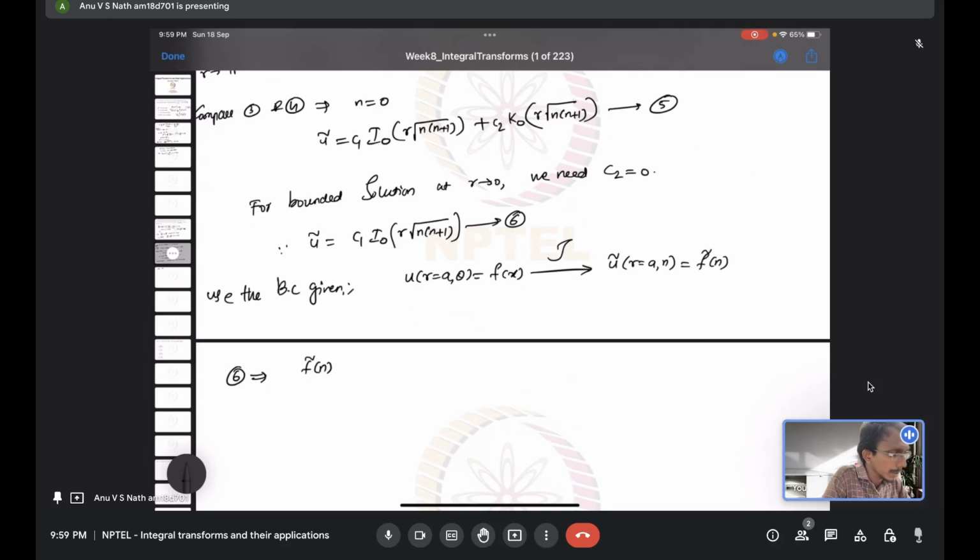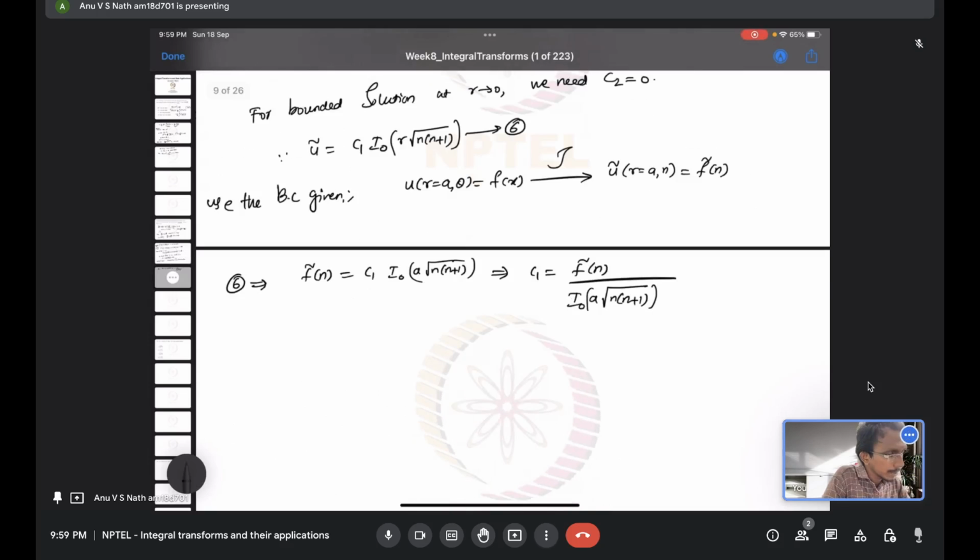if you apply the boundary condition, which is c1 times I0 at r equal to a, right? So it's a times square root of n into n plus 1, and you will find c1 is just f tilde of n by I0 of a times square root of n into n plus 1.